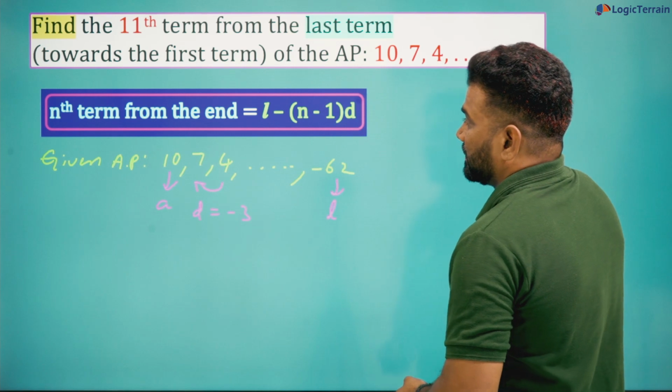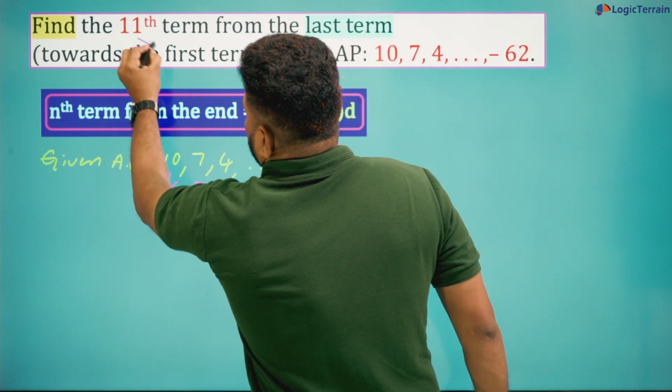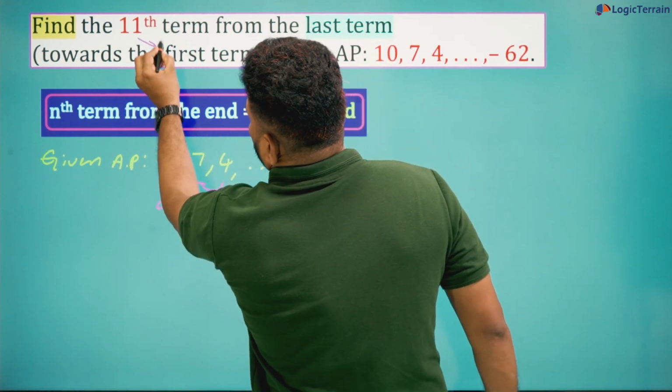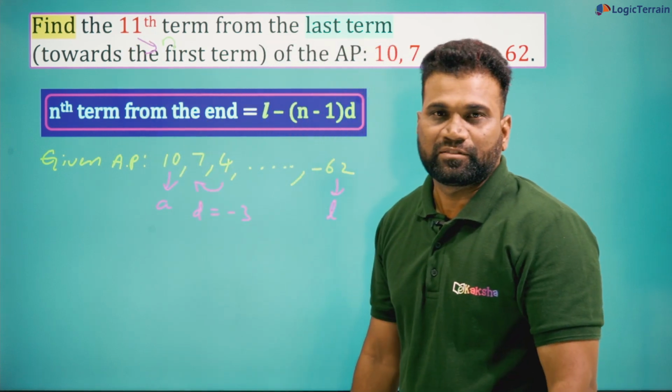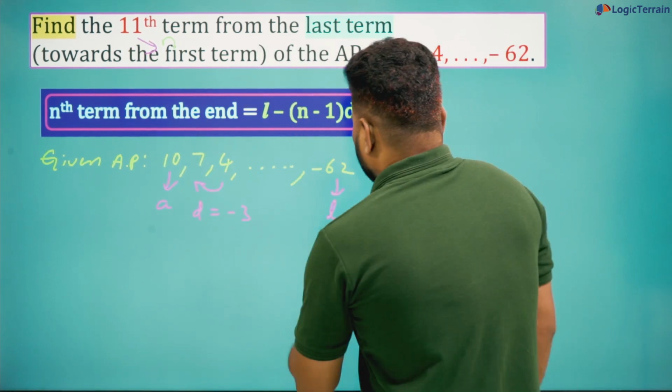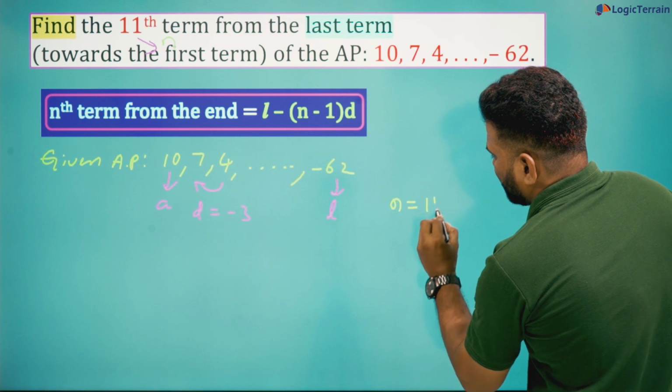Okay, and here n is what? Here n is 11. We need to find the 11th term, right? So n is equal to 11.